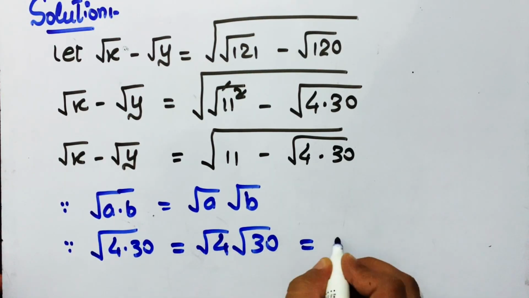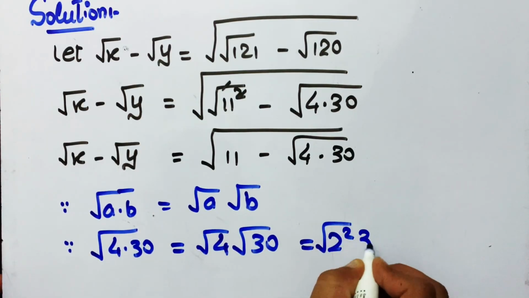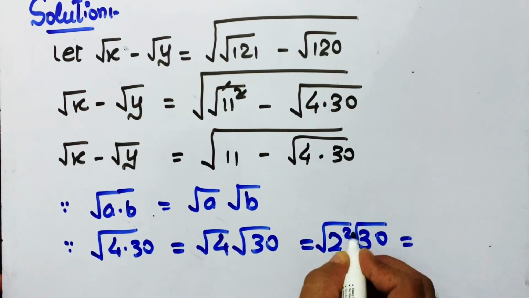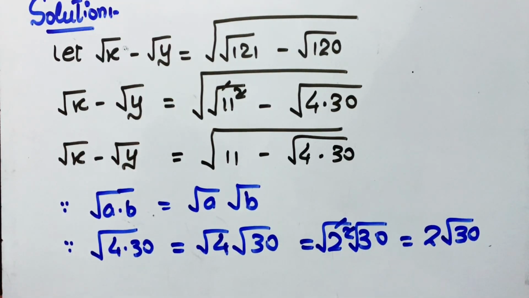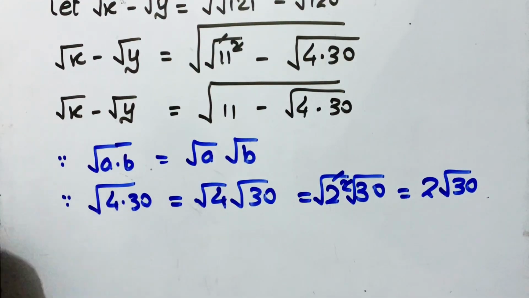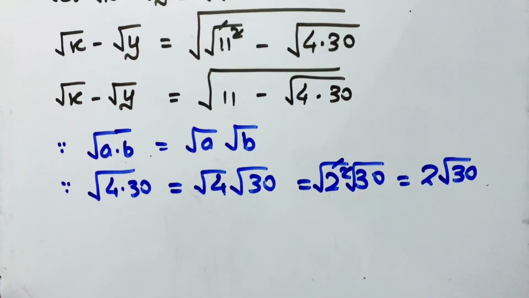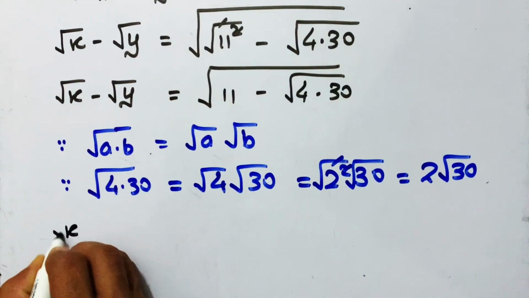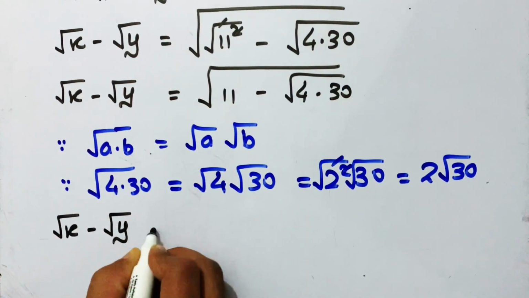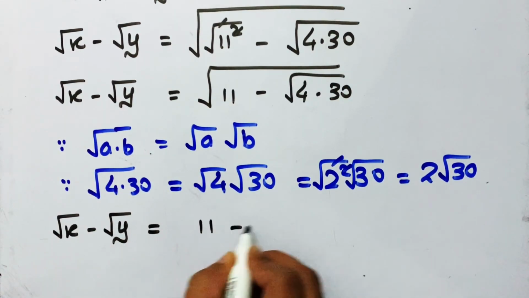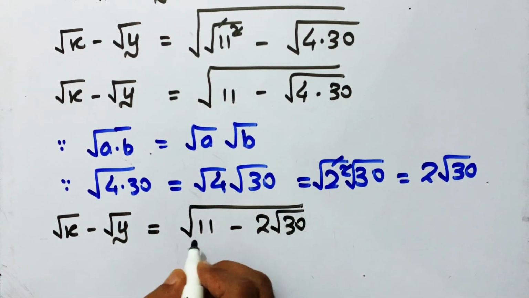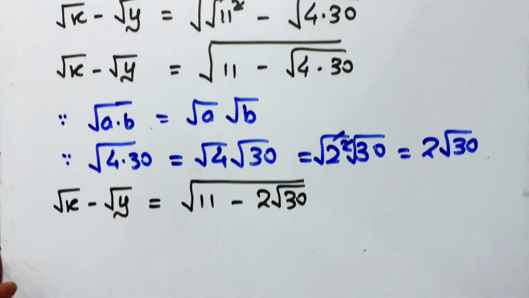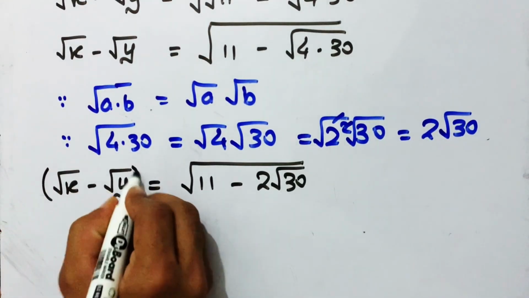This means this is 2 square root of 30. So our equation will be the square root of x minus the square root of y is equal to the whole square root of 11 minus 2 into square root of 30.